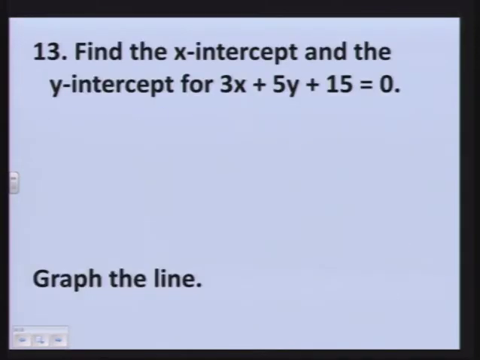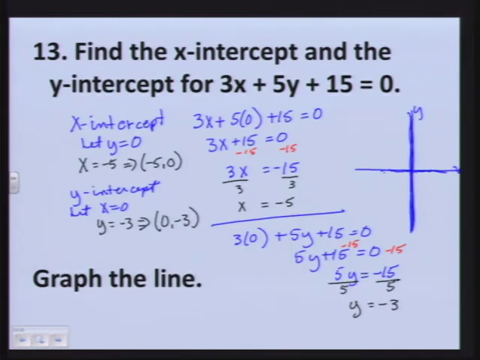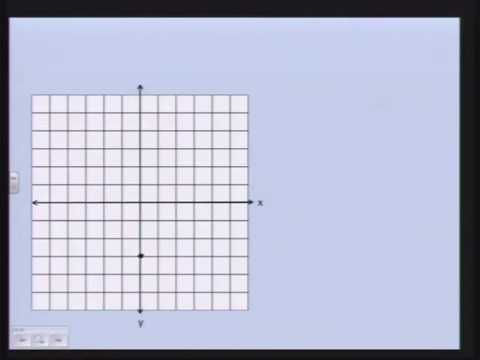And let's see what else we had. We had -5, 0. All right, -5, 0. And there's our line.